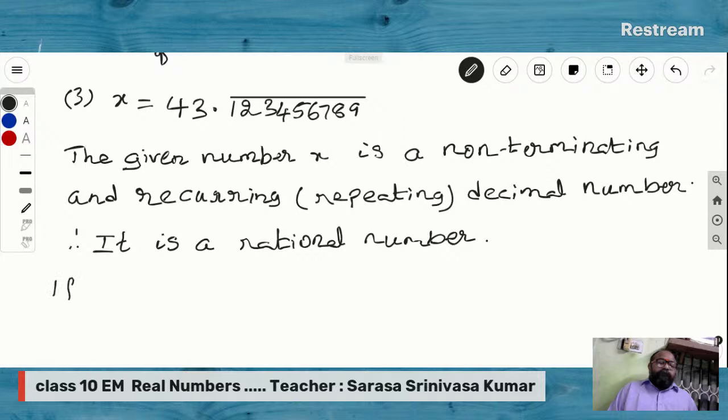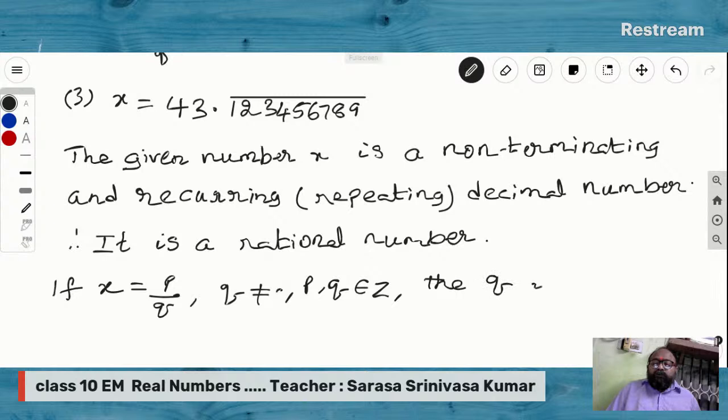Now, if x equal to p by q, where q is not equal to 0 and p, q are integers, then q is not of the form 2 power n 5 power m.